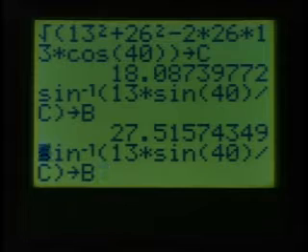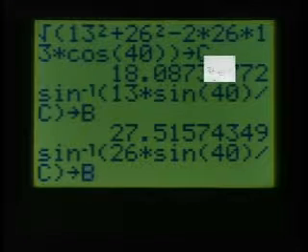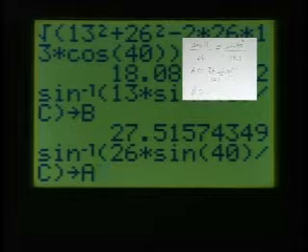I can come back in here, change this to a 26 sitting in the numerator, and then store this in memory cell A. If I have a similar expression, all I have to do is come back in and edit it.